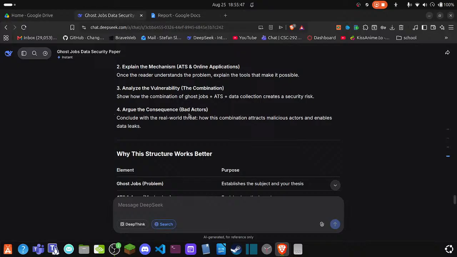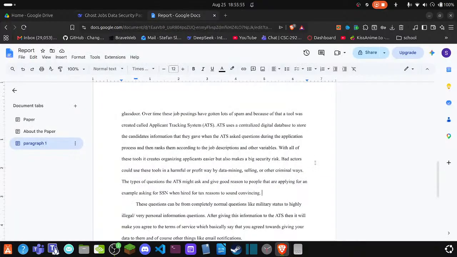Argue the consequences bad actors correlate with the real world threat. This combination attacks data leaks.